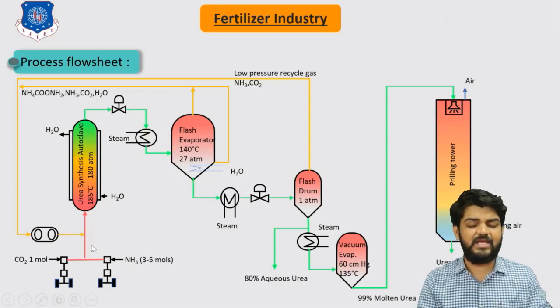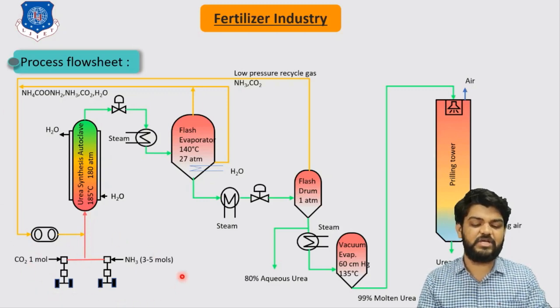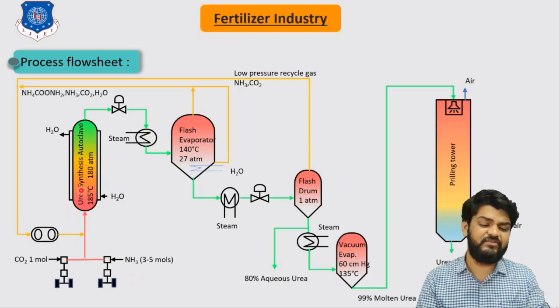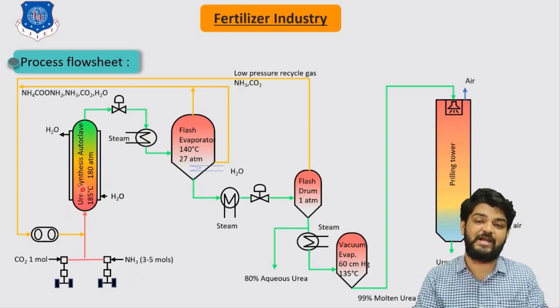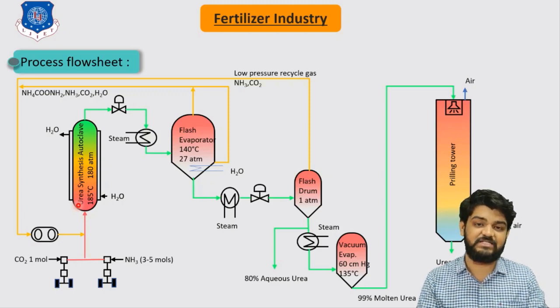Let me just quickly revise this entire thing. Initially we started with this compressor in which we compress our reactants, that is carbon dioxide and ammonia, and we mix them together and send to the autoclave, inside which we achieve a high pressure of 180 atmospheres and a temperature around 185 degrees Celsius.